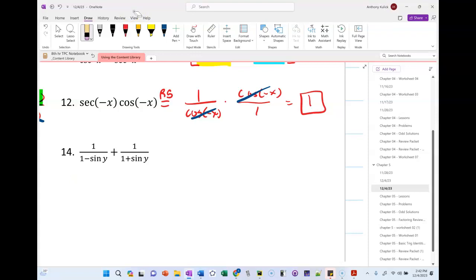What algebra thing should we be doing if we have two fractions that we're adding together? Common denominator. All right. What would the common denominator be between these two? Is there any factor in common between 1 minus sine y and 1 plus sine y?